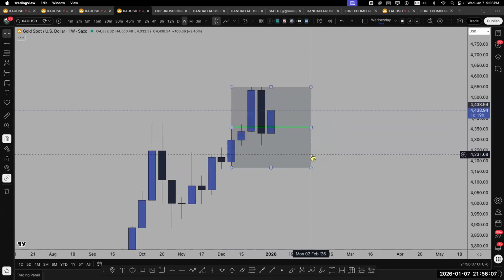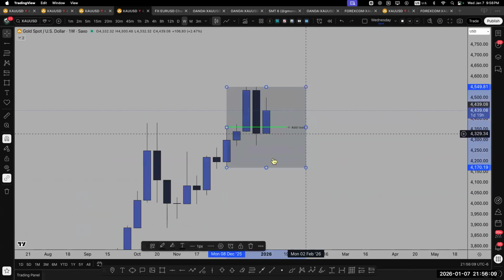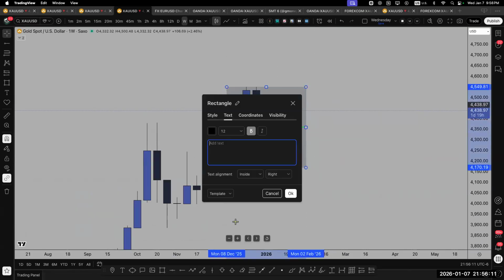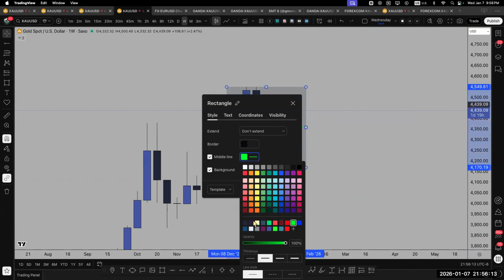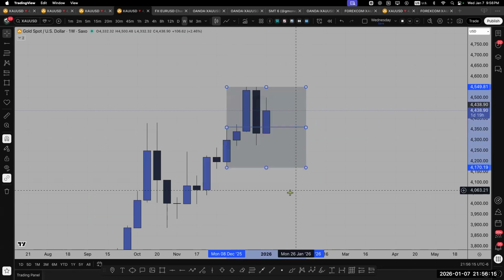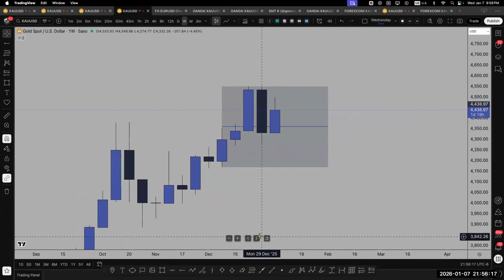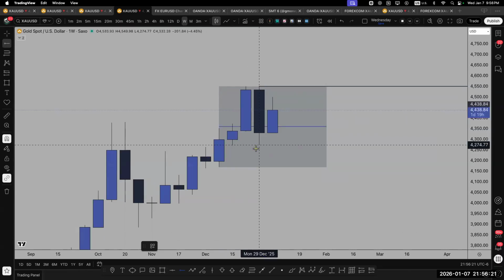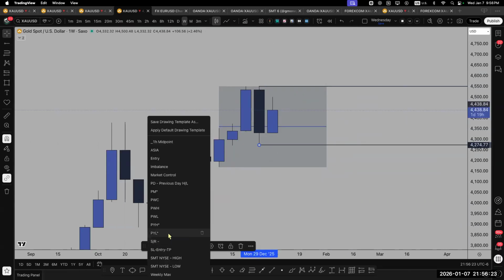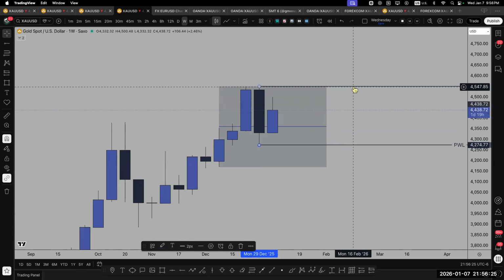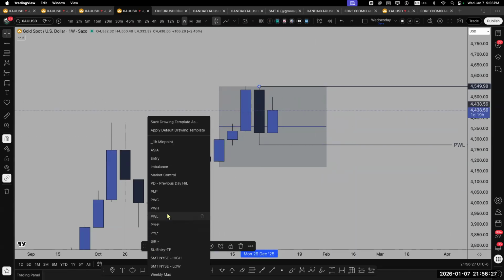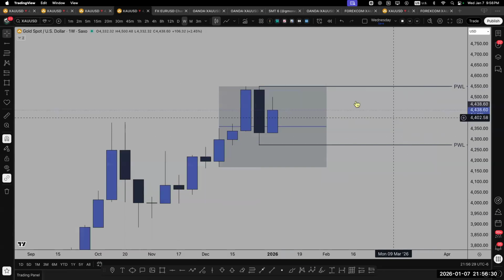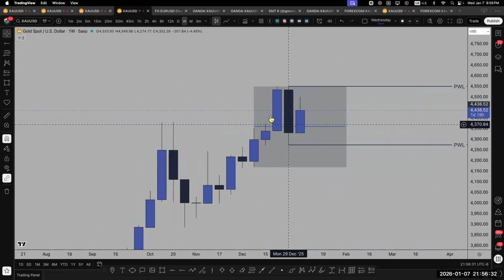We retrace back there, and that's the first thing that's catching my attention here. As always, we like to take the previous weekly high and the previous weekly low, and we use that as our support and resistance higher time frame ranges to monitor the chart.